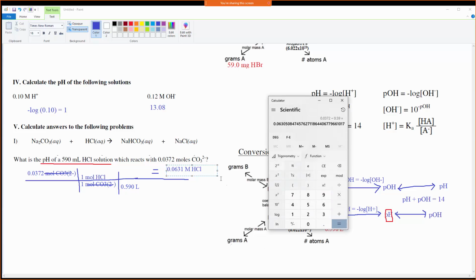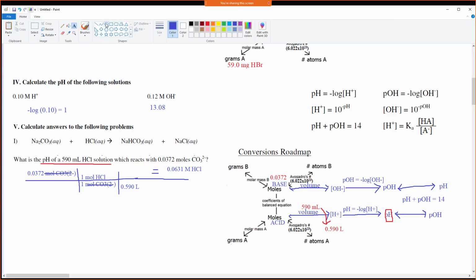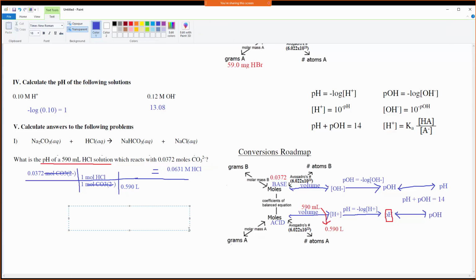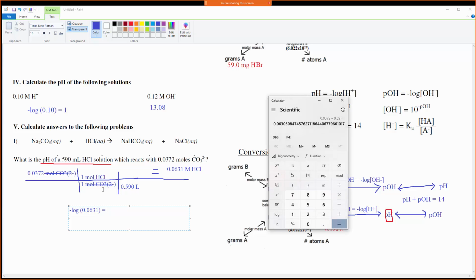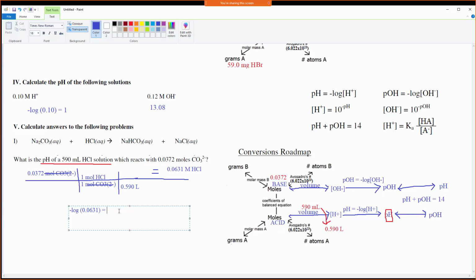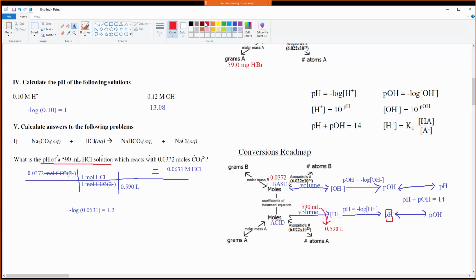Yeah, there's a 0. Okay. Excellent. Now what do I do? Take the minus log of that. The minus sign. Okay. All right. Log of that, negative of that, 1.2. And since this is the acid and I wanted the pH, then I'm done.